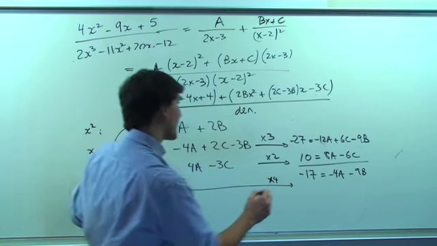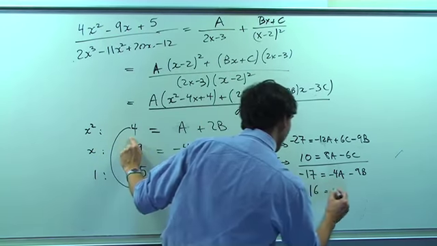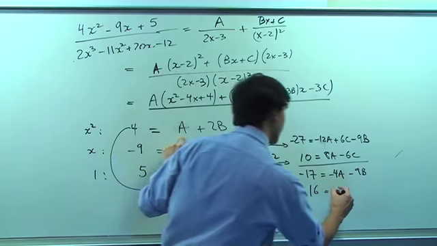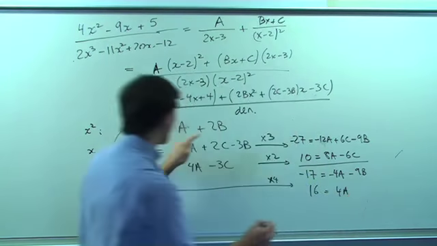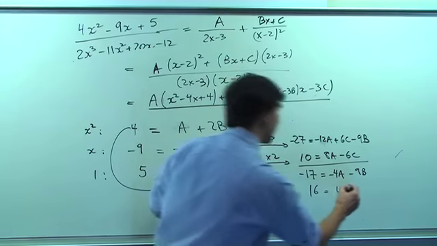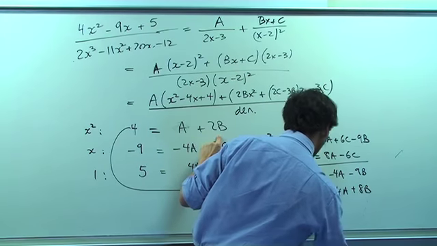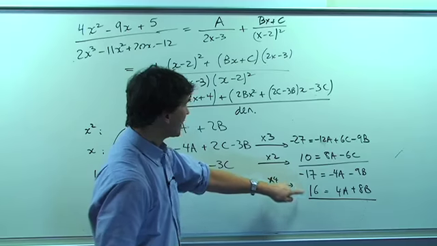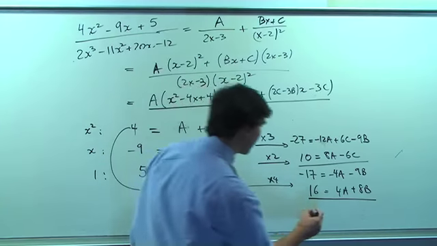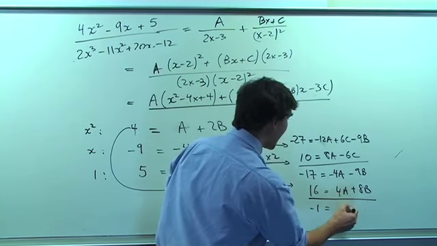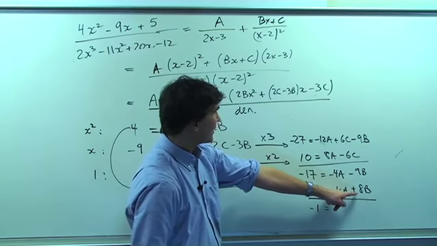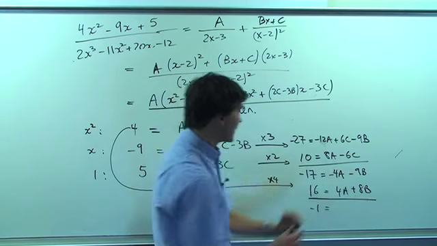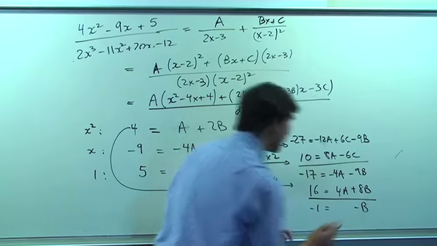So that becomes 16 is this 4a, and 2b times 4 is plus 8b. And now I can add them, and the 16 and the minus 17 add to be minus 1. The a's cancel, and the 8b and the minus 9b is minus 1b.